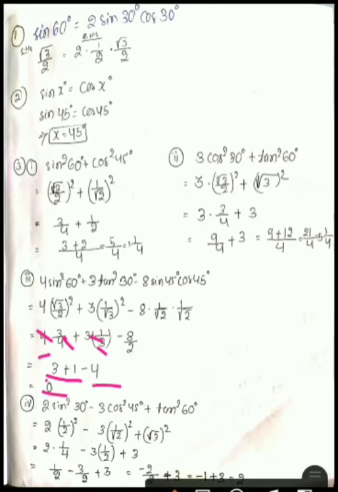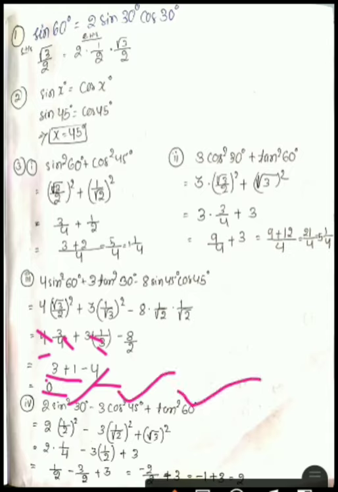Okay, then next 2 sin square 30 minus 3 cos square 45 plus tan square 60. Sin 30 means half and cos 45 means 1 by root 2 and tan 60 means root 3. Okay, put all the values in this corresponding values.